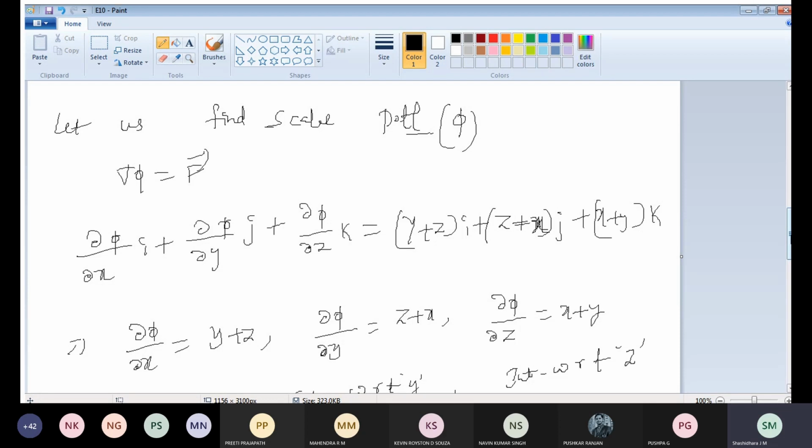Because this type of sum is compulsory. If you check the model question paper or previous year question papers also. For finding scalar potential, you have to remember the condition, that is del phi is equal to vector f.